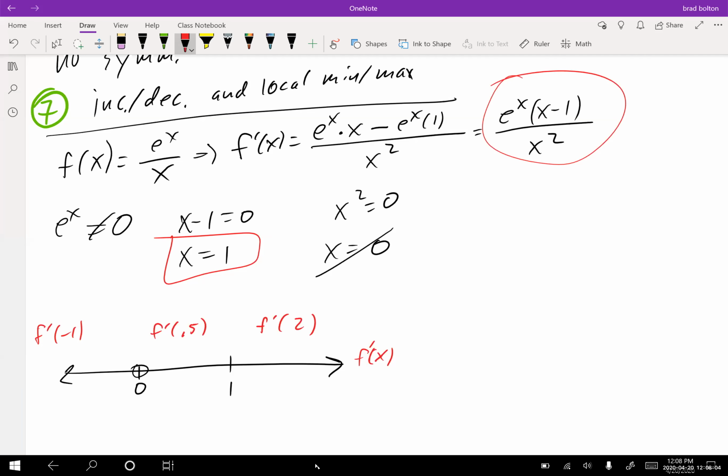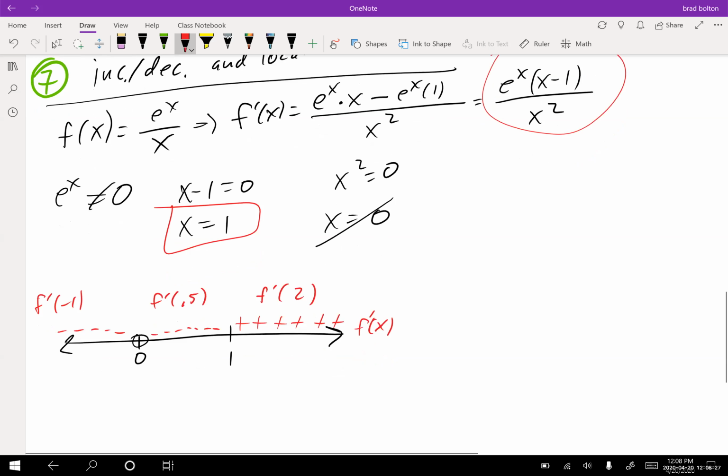Plug -1 into there, we get -2 over a positive. So this will be a negative over a positive. So this will be a negative, right? Then we plug 0.5 in there. So this will be a negative over a positive. So this will still be negative. And then we plug in 2, we get a positive over a positive. So this will now become positive.